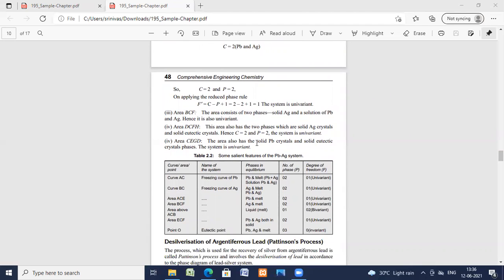Now curve AC and curve BC we have seen. Now what is the eutectic point? Here I'm showing you the eutectic point P. Then you're having Pb, Ag, melt.